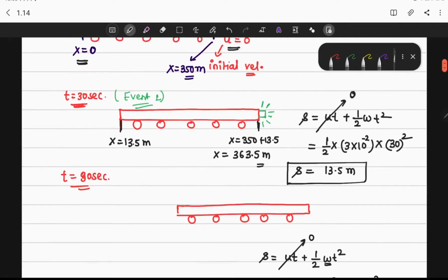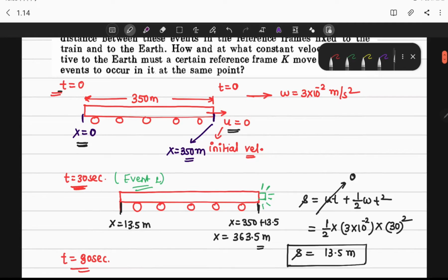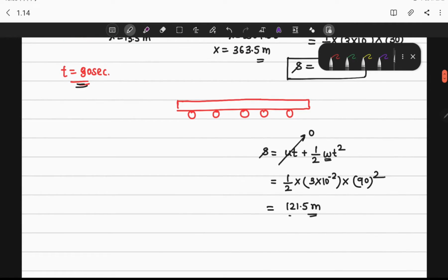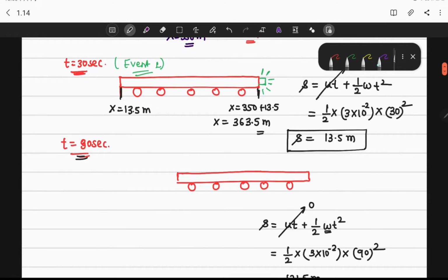So from t equal to 0 to t equal to 90 seconds, the train has moved this distance. So the position of the tail is x equal to 121.5 and the position of the front end is x equal to 121.5 plus 350.